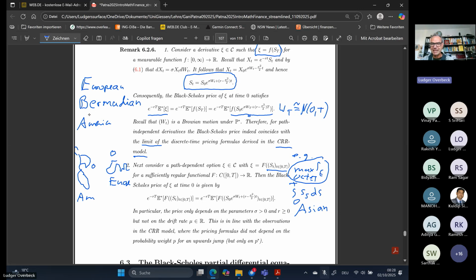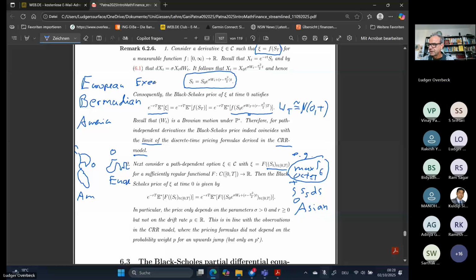So do you have any idea? Here you can only execute at one execution time, capital T. Here, any time T in 0 to T. So any idea what it means to have a Bermudian option?